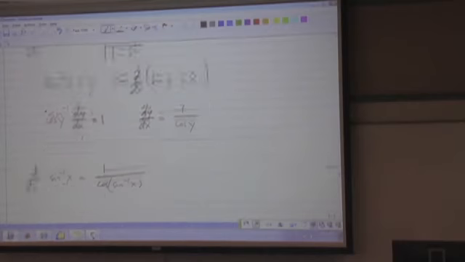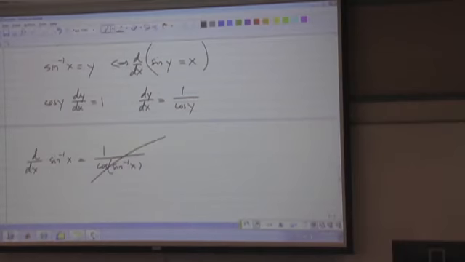So what we're going to do is we're going to ignore that. And we're going to come back to the fact that sine of y is equal to x. Right? Okay? Now how should we approach this further?